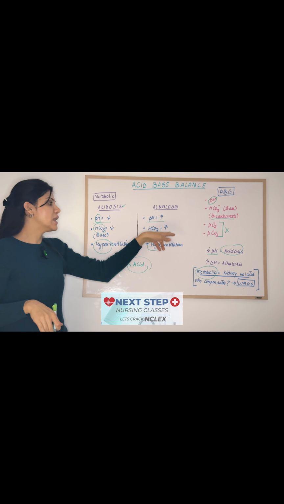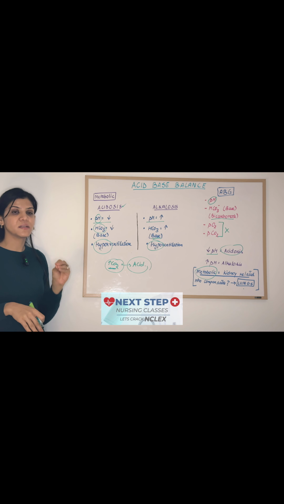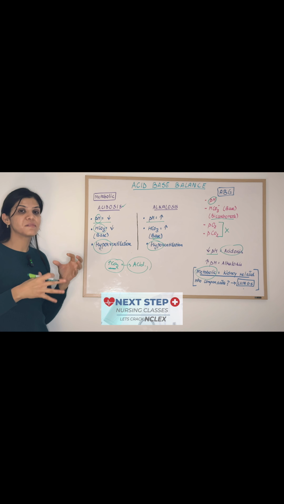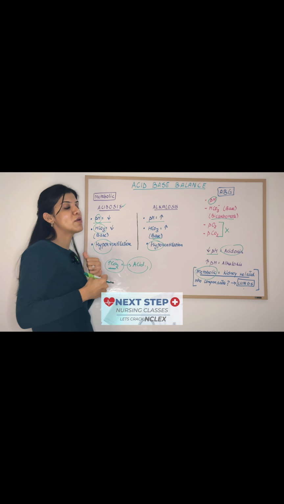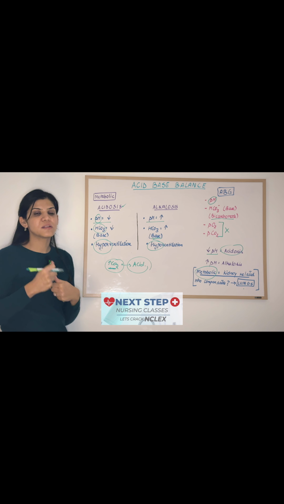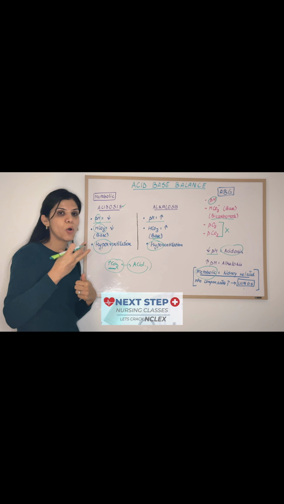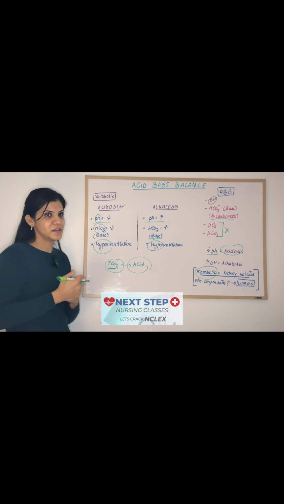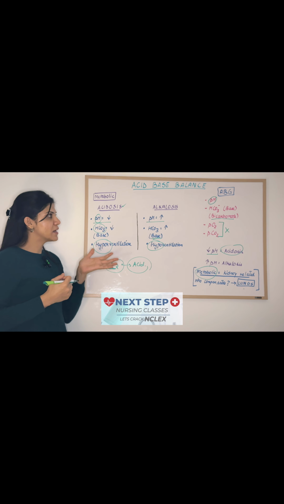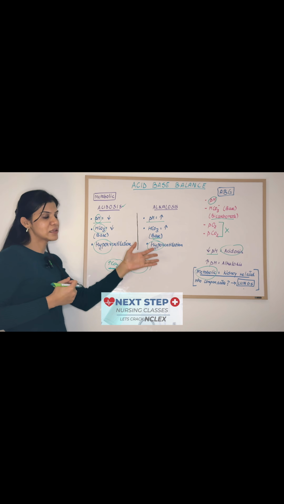So this is why the lungs are trying to compensate. The patient is hypoventilating, the lungs are retaining carbon dioxide inside the body so that the problem of alkalosis can be balanced out by acid production, which will only occur if the patient has an increased level of carbon dioxide inside the body. This was the simplest I can explain about acidosis and alkalosis.